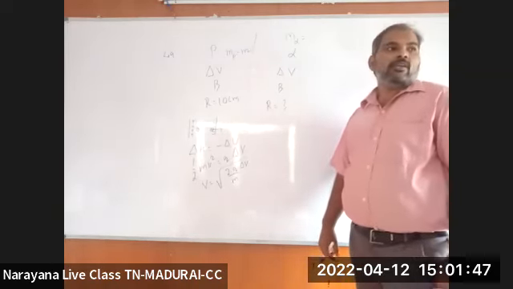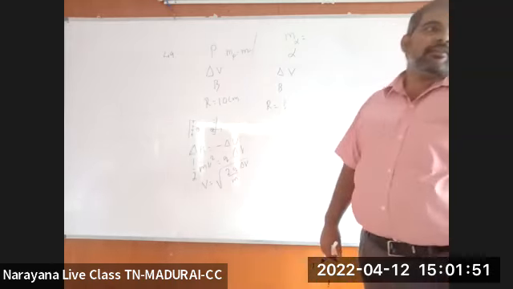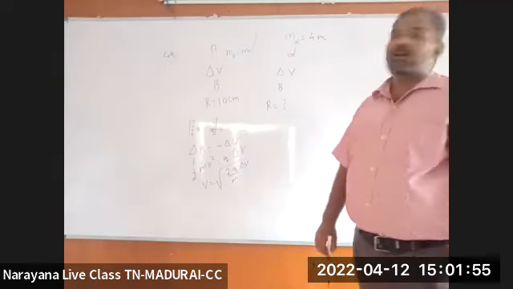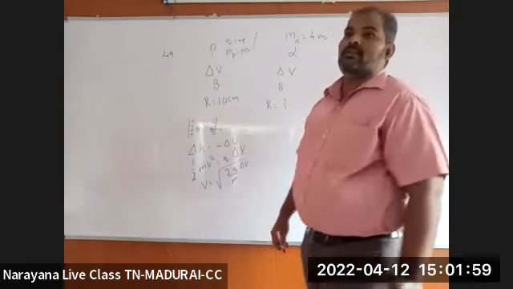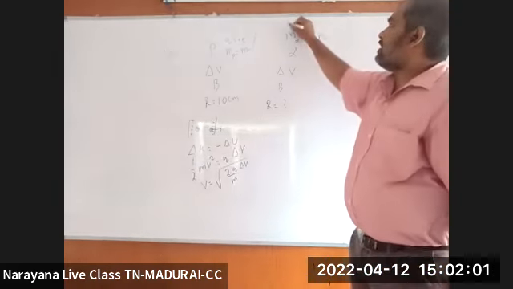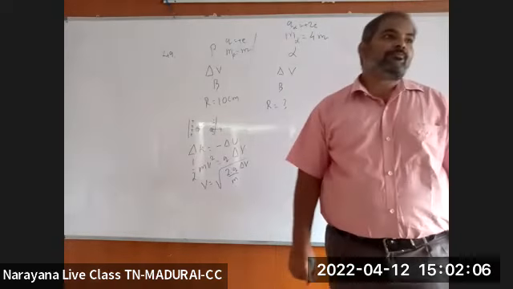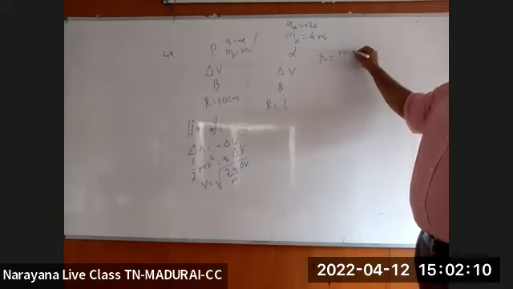Inside the helium nucleus, 2 protons, 2 neutrons are there. Total mass how much? 4m. What is charge of the proton? Plus e. What is charge of the alpha particle? Very good, plus 2e. Why? Because 2 protons are there. Now we know radius of the circular path how much?